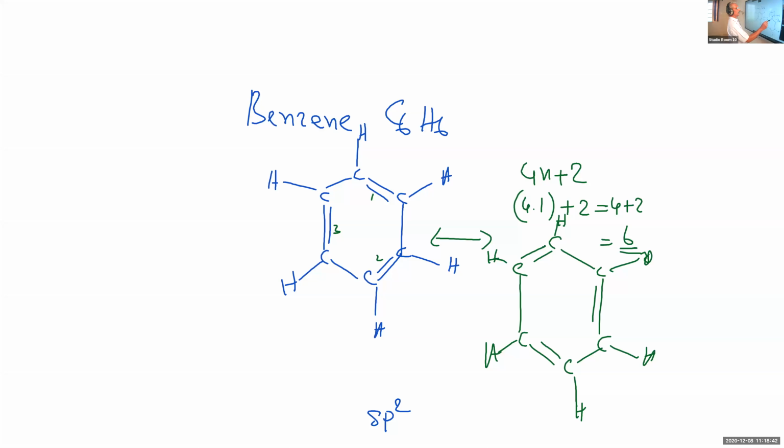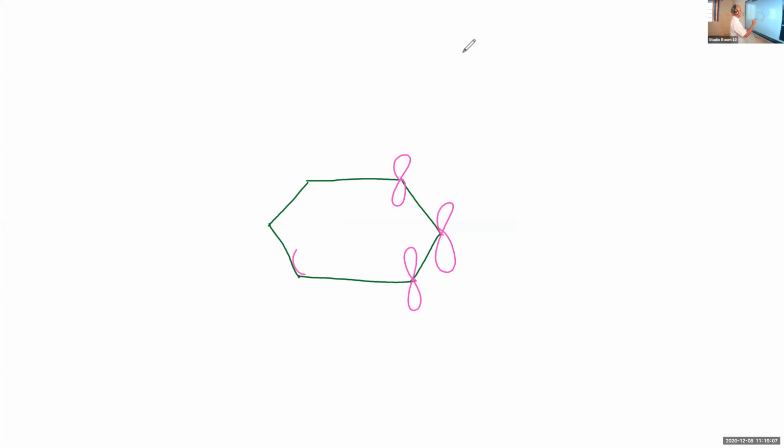We know there is a pi bond, and the pi bond is formed by the sideways overlap of the p orbitals. See here, a ring of 6 carbon atoms, and there will be parallel p orbitals, like this, perpendicular to the plane.